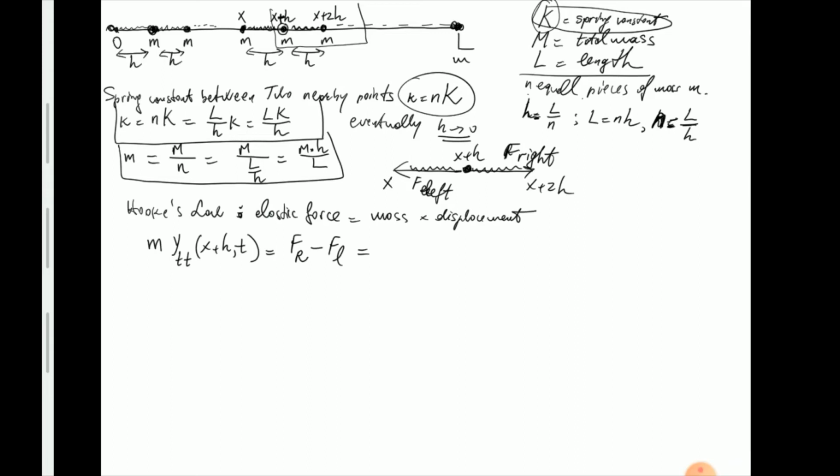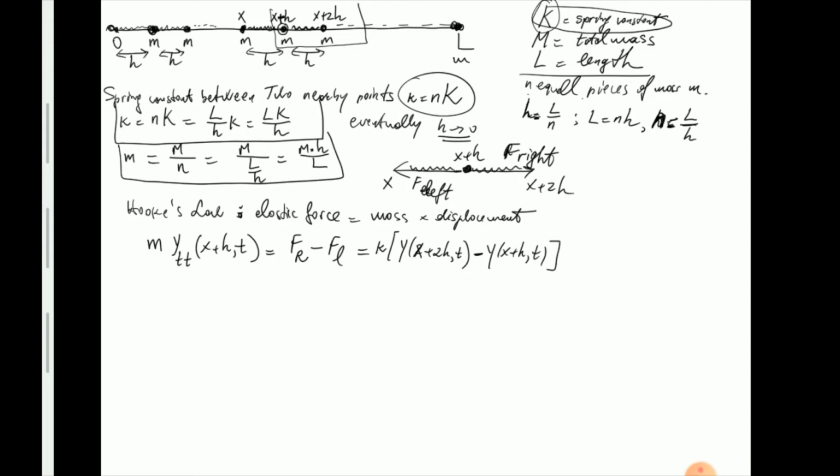So that's going to be the spring constant, little k, times the displacement of the object to the right, that means y of x plus 2h, t, minus the displacement of the object to the left, which is at position x plus h.